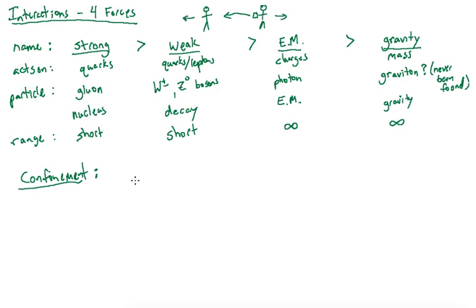Well, it turns out that nobody ever finds quarks alone in nature. No one ever finds quarks alone. They always are at least in a pair. And the idea behind this is that if you have a quark and another quark bound together, the amount of energy you'd have to put in to break them apart is actually the amount of energy required to create two new quarks.